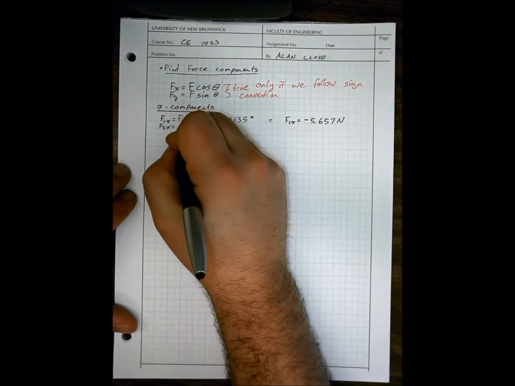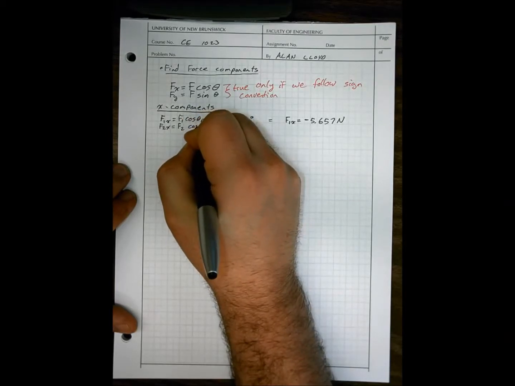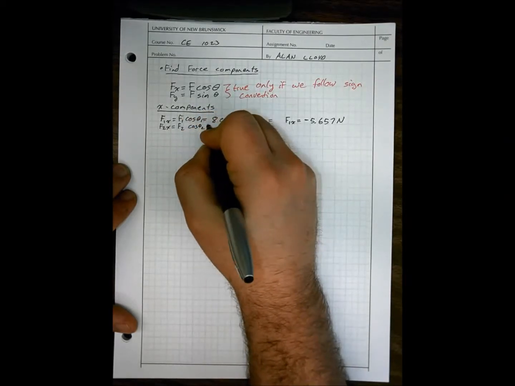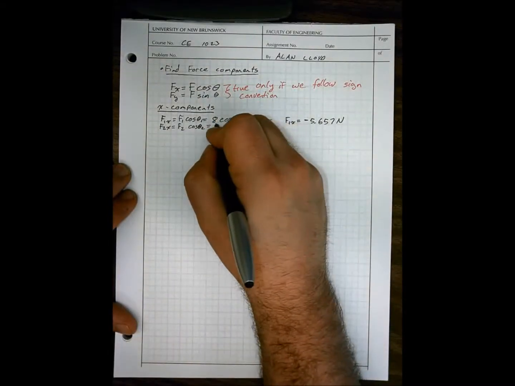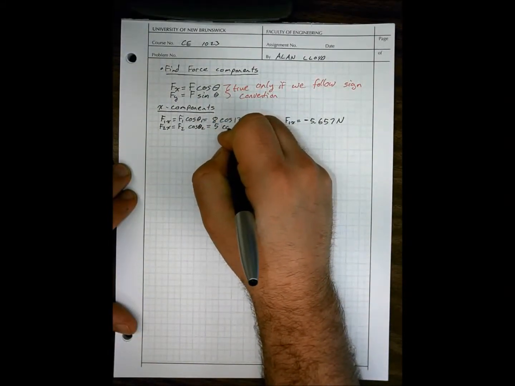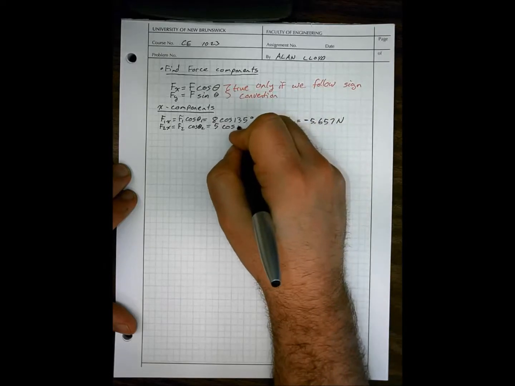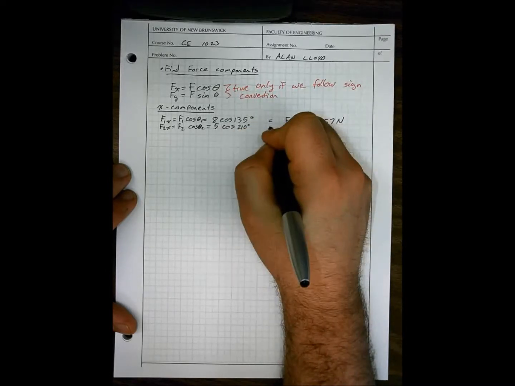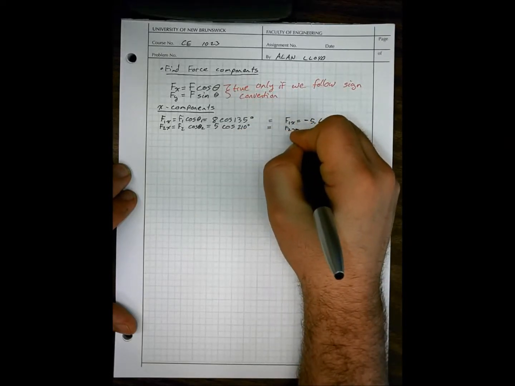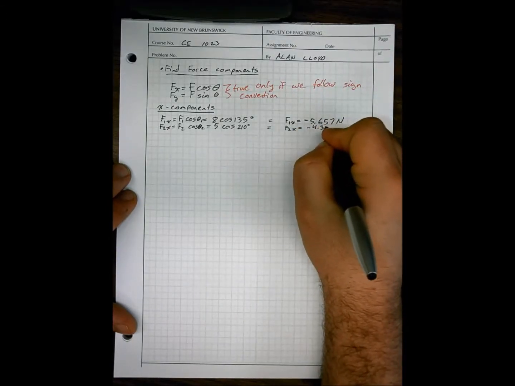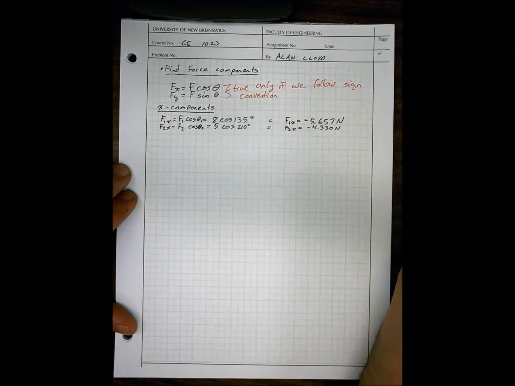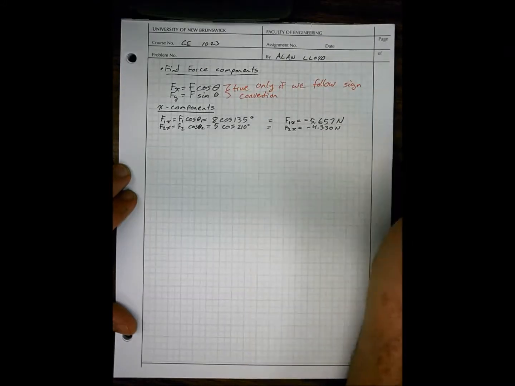F2x is equal to F2 cosine theta 2, which is equal to 5 newtons cosine 210 degrees. And this is equal to minus 4.330 newtons.